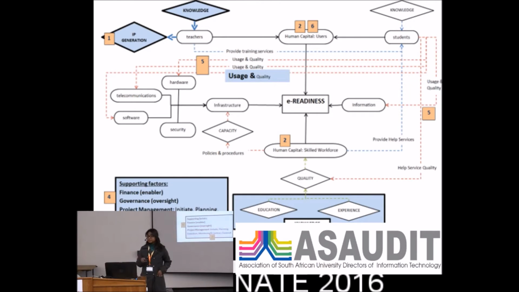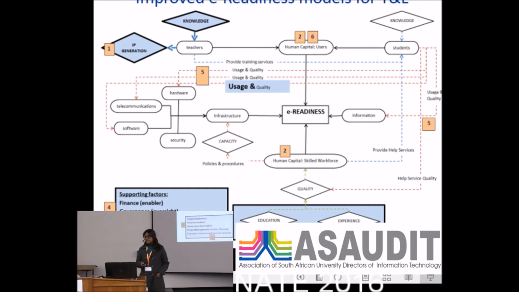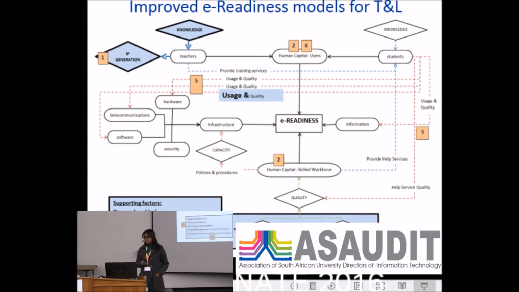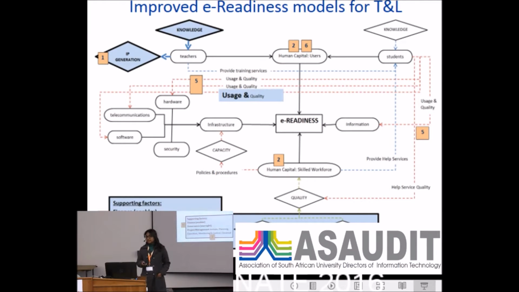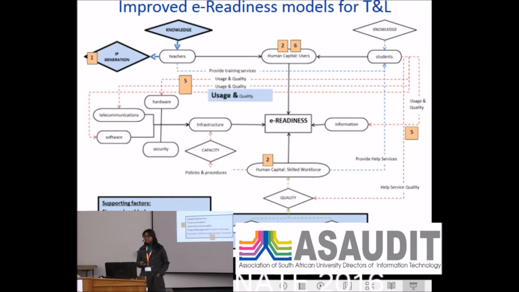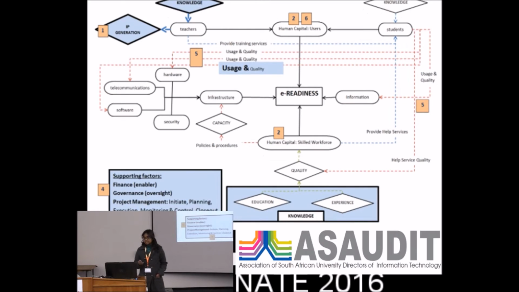The numbers around the model represent, 1 represents IP generation, 2 represents cultural factors which affect your human capital resources, 3 is process-related factors, 4 is a governance factor, 5 effective measurement, and 6 consumerization of IT. So the blue parts in the model are all the improved upgrades that I've made to Harvard's e-readiness model.